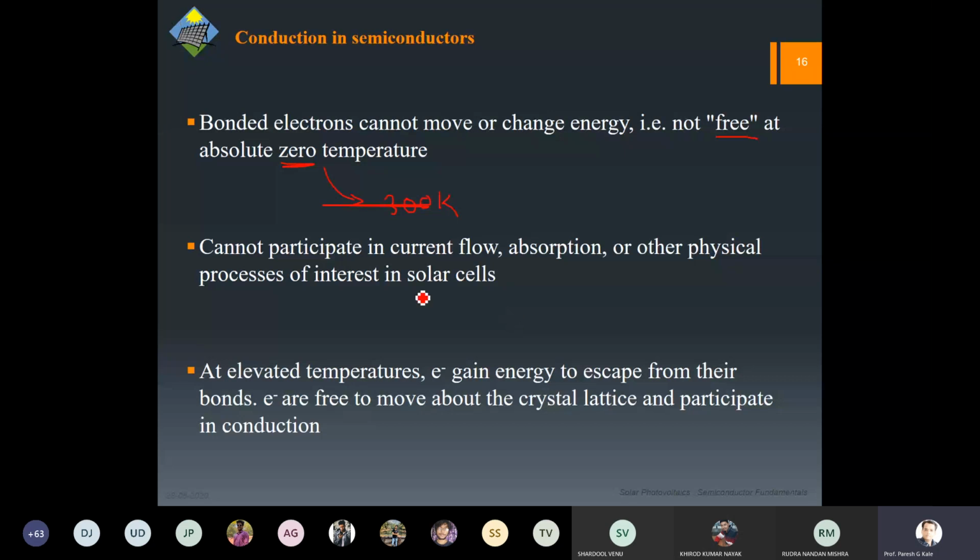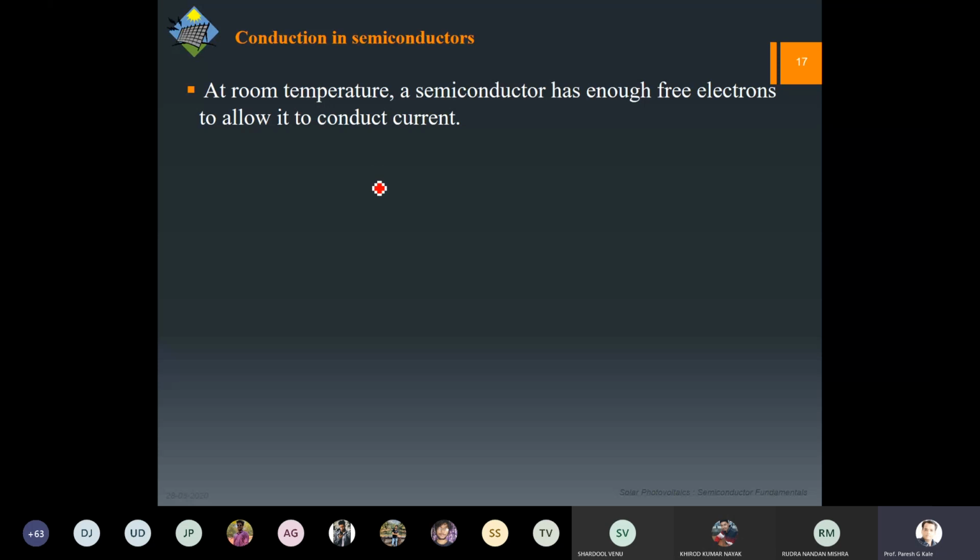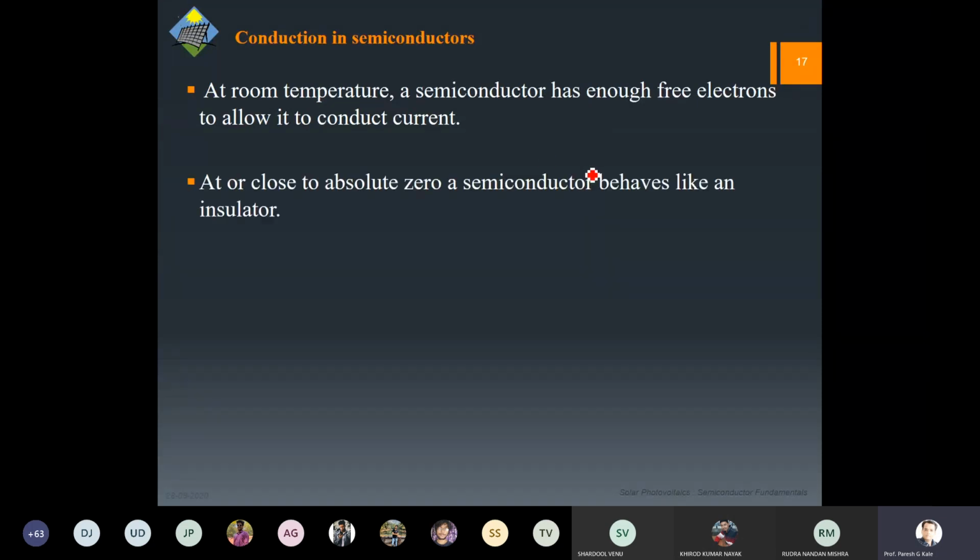But in solar cells, the energy comes from the photon, which is coming from the sun. So at room temperature, at elevated temperature, anything above zero, there will be some electrons, and at room temperature there will be enough electrons so that you can have the conduction.